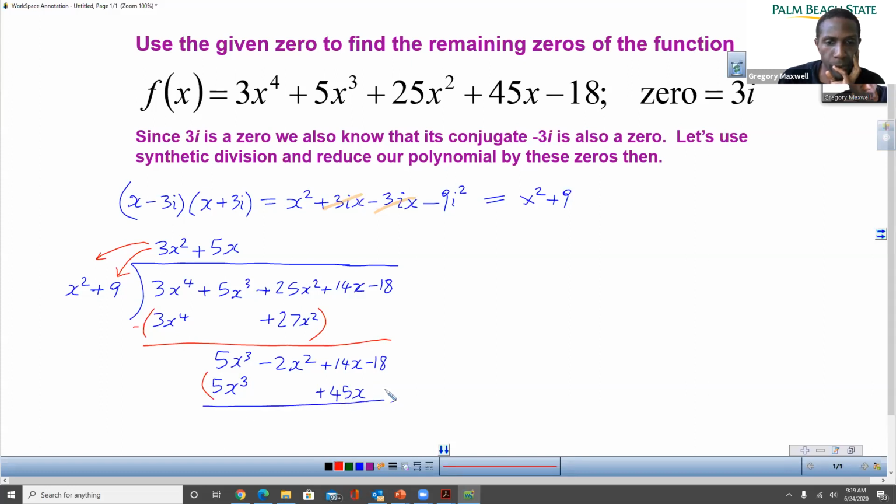Again, I subtract it from the expression above, and that gives me negative 2x squared, and 14x minus 45x is negative 31x, and then minus 18. Let me make sure I didn't make an error here.